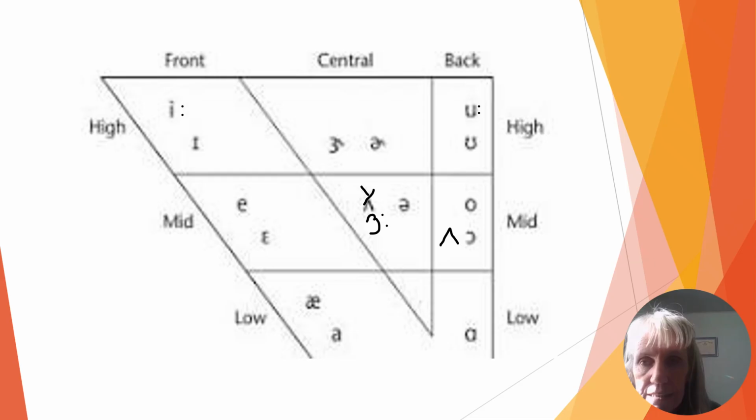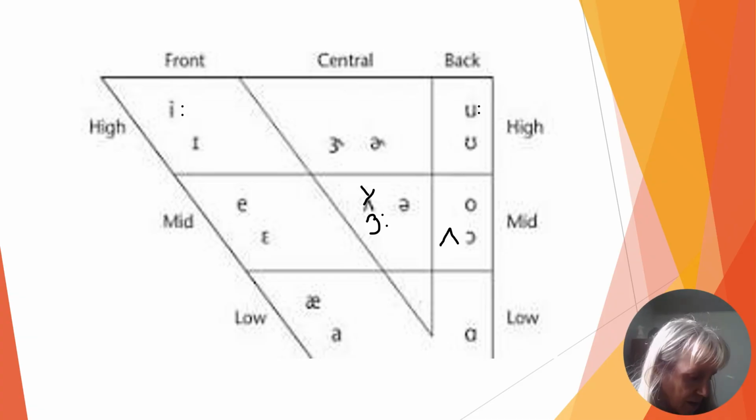Now this is Canadian, so you'll see that they have the sound that we'd see in hut in the central there, but I'm going to move it over towards the back. In Canadian we say it a little differently, and that's why we get our Canadian rising.